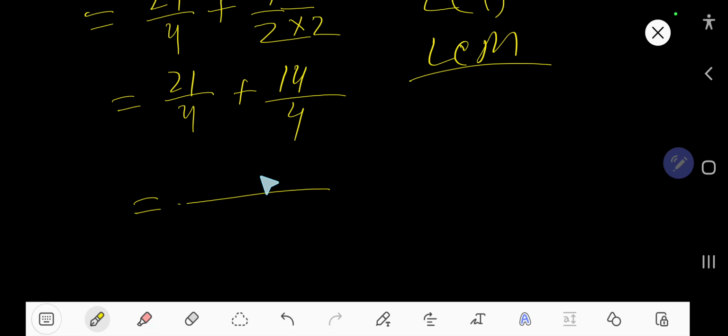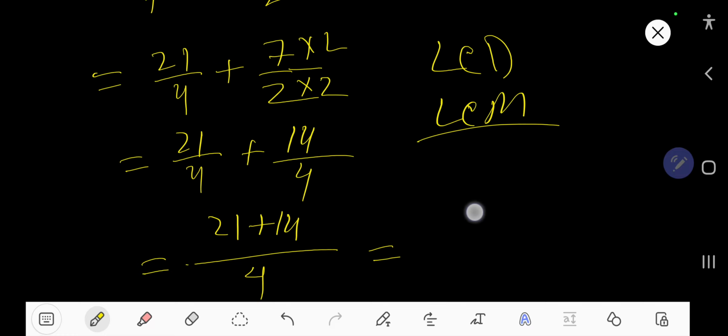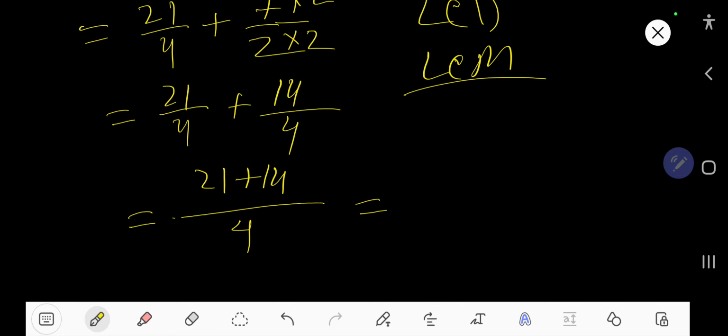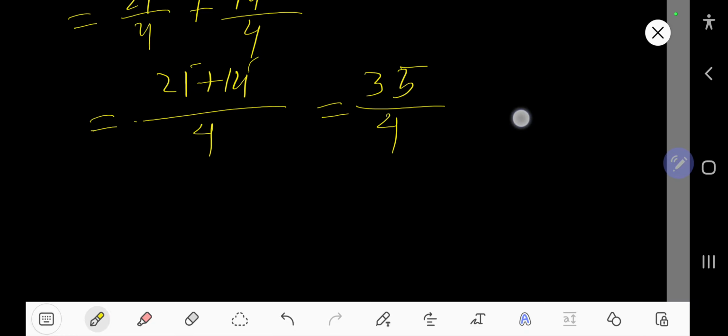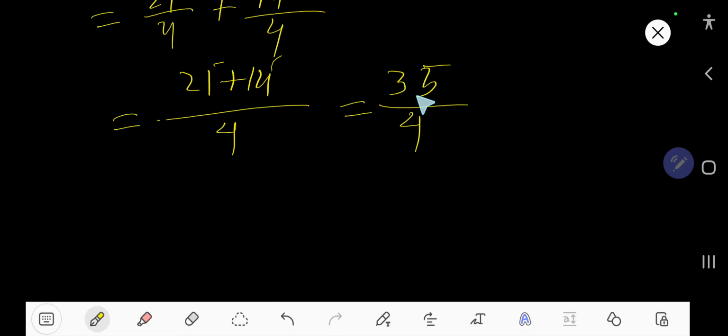So take the similar denominator, 21 plus 14. So what we are getting, look, 35 over 4. This is an improper fraction. You need to convert this improper fraction to mixed number.